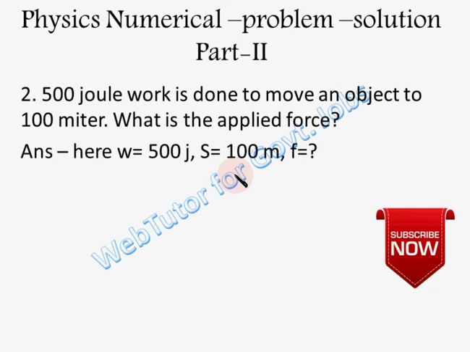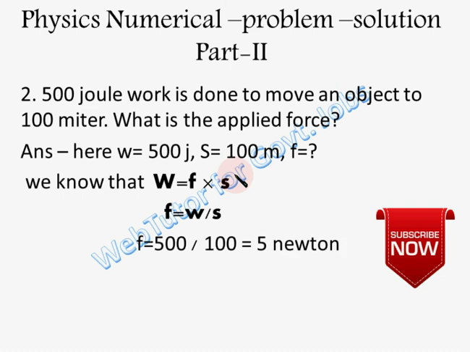We have to find the value of F. Here W is equal to 500 joule, S is equal to 100 meter, and the value of F we have to find. Next we know that W equal to Fs simply, पिछला वाला ही formula है. Then F is equal to, from here we can derive, W by S. S नीचे चला जाएगा, W divided by S. Then we can easily put the value in this equation.